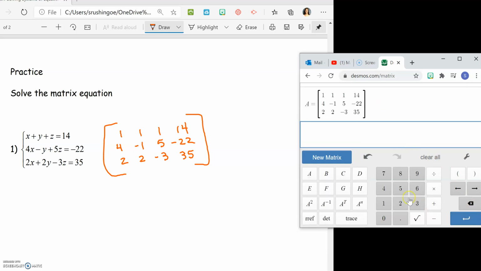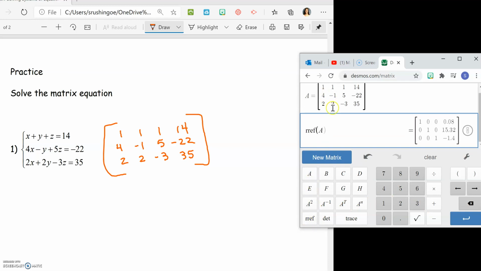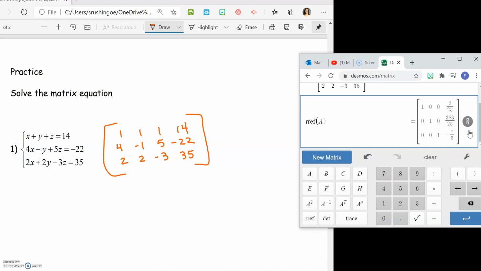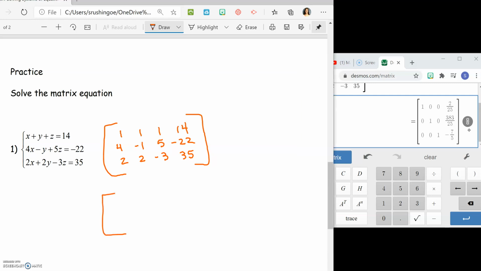And then we're going to come over here and hit the RREF, and then we're going to put A, since we're looking at matrix A, and then we're going to convert to fractions, and then we have our answer. Let's go ahead and write it out first, and then we'll interpret.